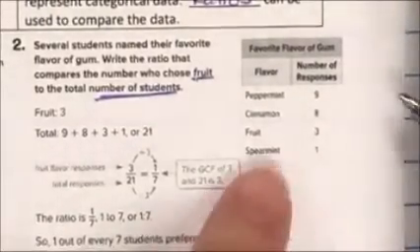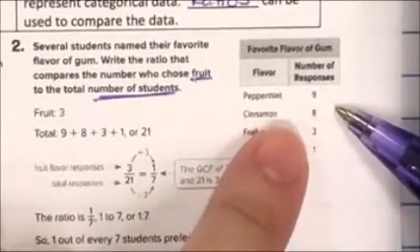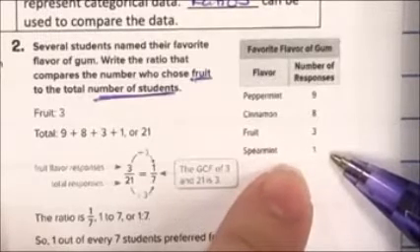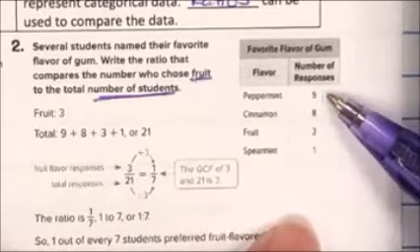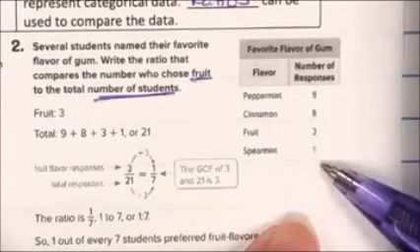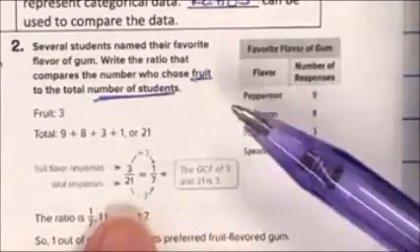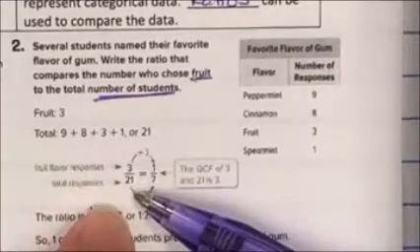So I have to figure out what my total number of students is. 9 chose peppermint, 8 chose cinnamon, 3 chose fruit, and 1 chose spearmint. In order to figure out the total, I'm going to add all these together. 9 plus 8 plus 3 plus 1 gives me 21. Then I'm going to write my ratio: 3 fruit to 21 total.